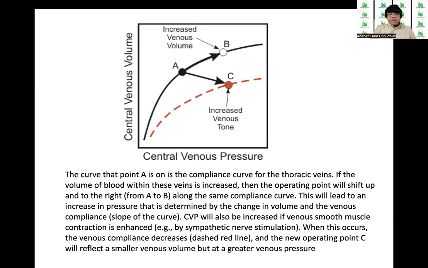So this is very important to know in any patient: whenever you need to read the CVP, you must ask whether this change in CVP is a result of the change in volume or the change in the compliance of the thoracic veins.